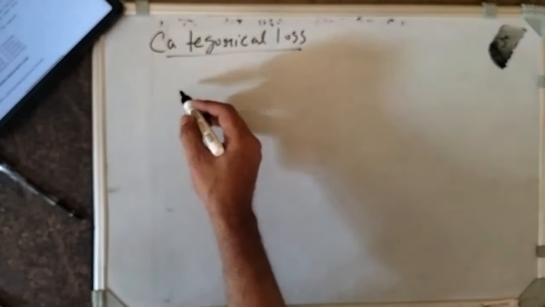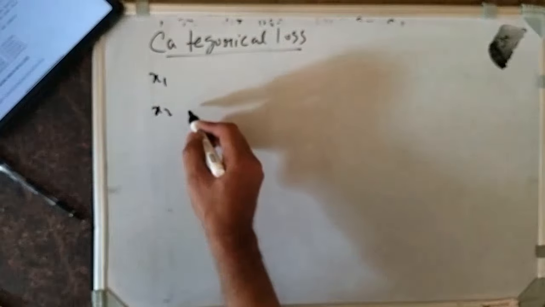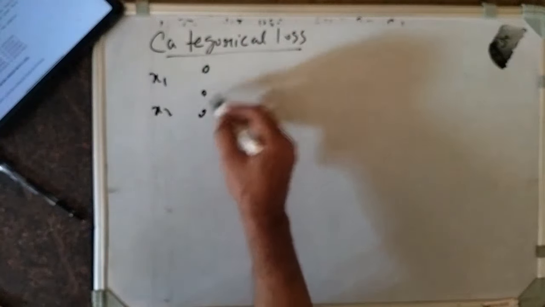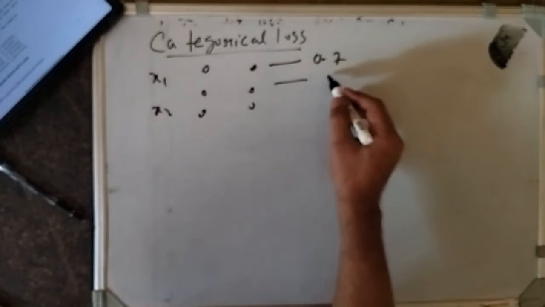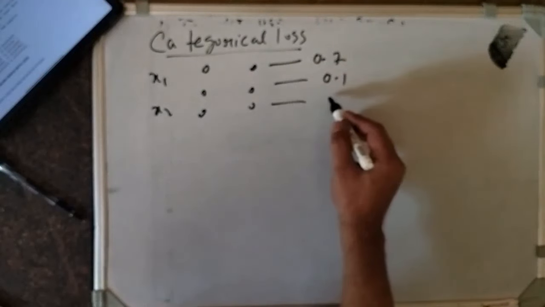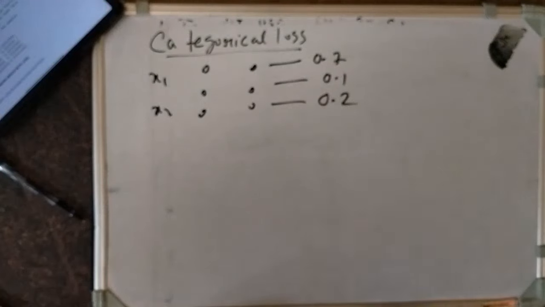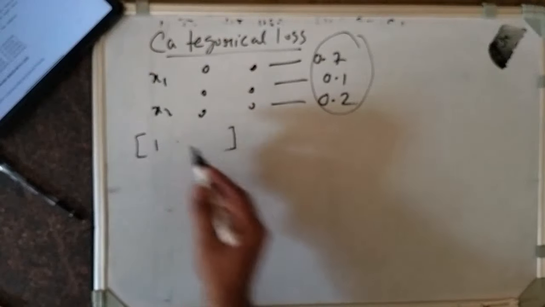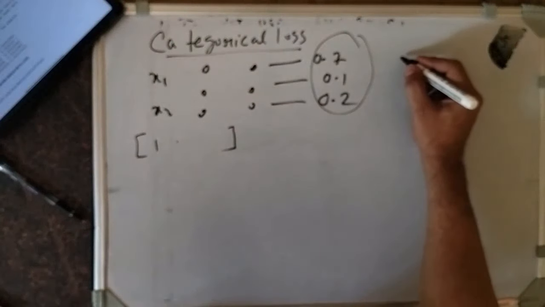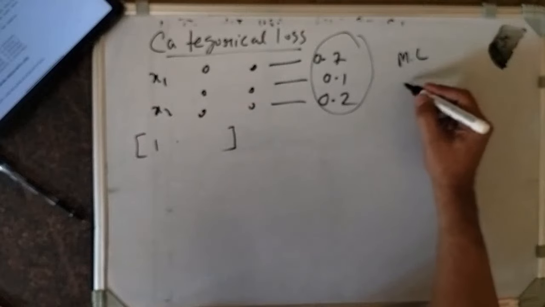Now suppose you have two inputs x1 and x2, and you got outputs: here 0.7, here 0.1, here 0.2. This is your output, and suppose what we actually want is the real output. What is the difference between machine learning and programming?